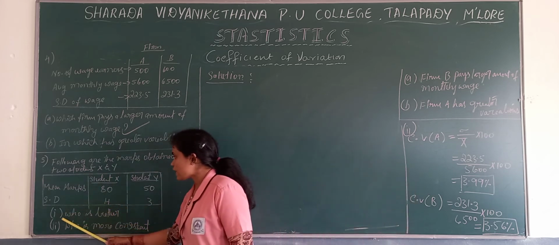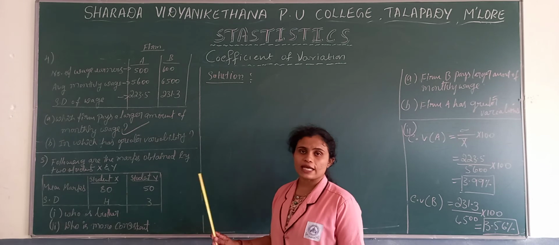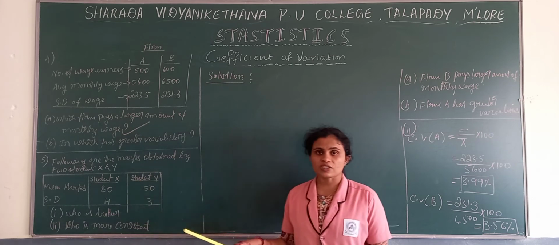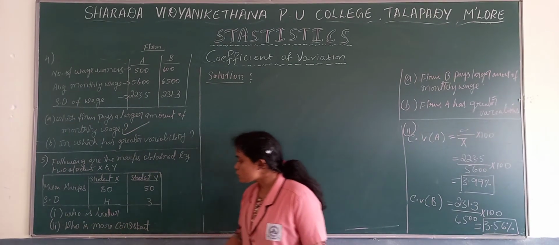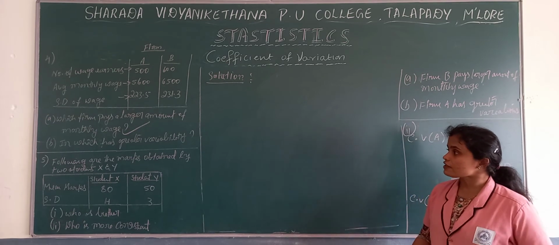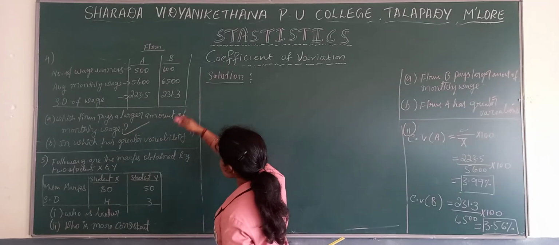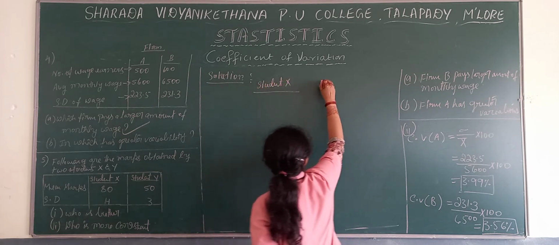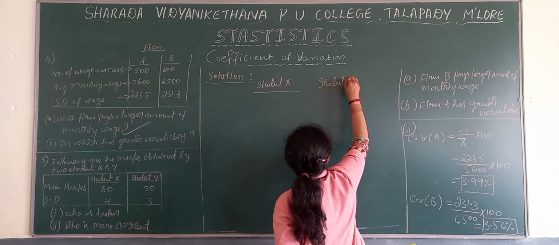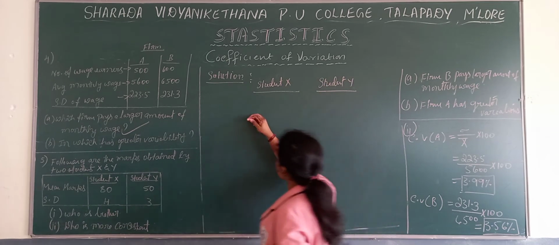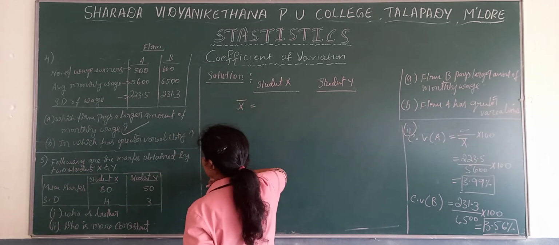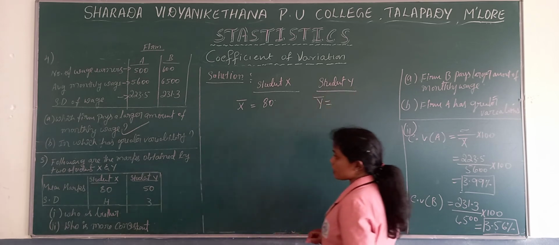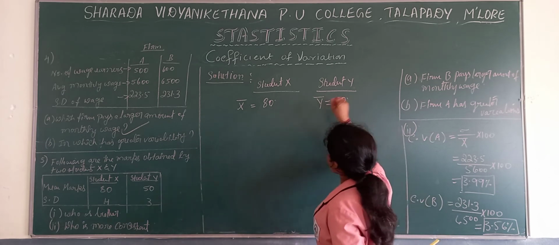Who is better means we can see the average. For who is better, no need to calculate anything. If you have your arithmetic mean or average, which has more average, that we can consider as the better one. And who is more consistent means we need to find out the CV. Now for this question, first write the given values for student X as well as student Y. Here the mean marks of student X, x bar, is 80, and here we take y bar for student Y, that is 50.